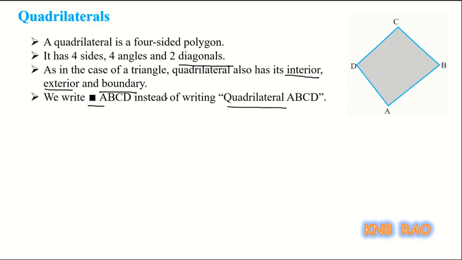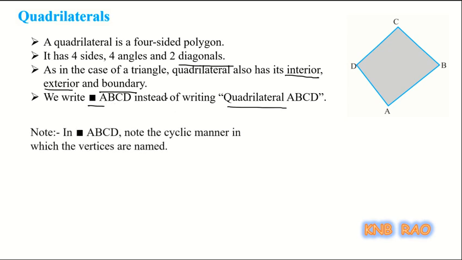And very important, children, normally in a cyclical manner we write the vertices that are there in the quadrilateral. Suppose if I want to say quadrilateral ABCD, I must use cyclically those vertices named.